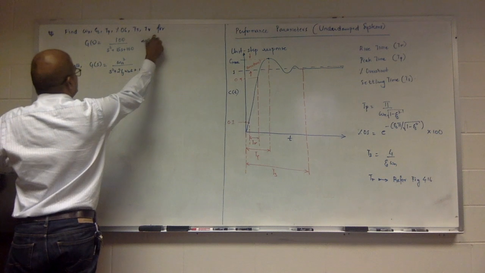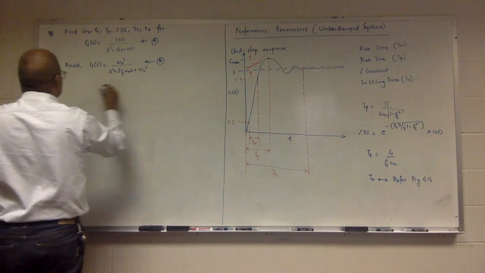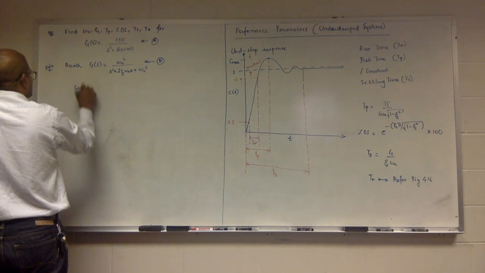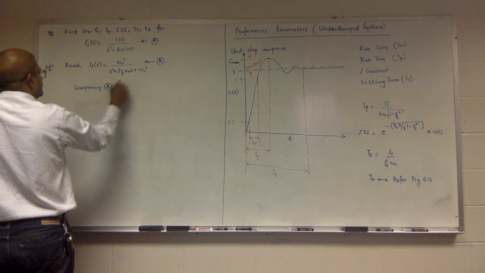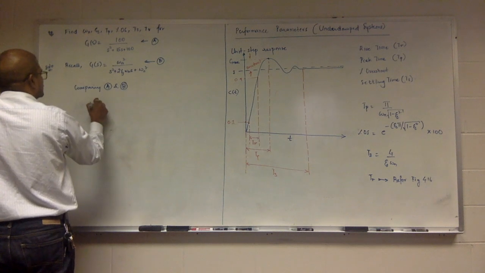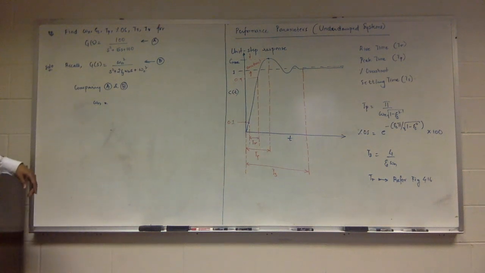So if I say this is A and this is B, comparing A and B, what is omega n? Anybody? It'll be 10.